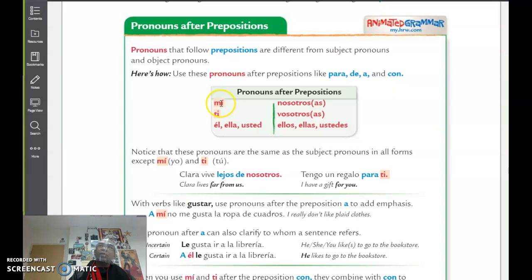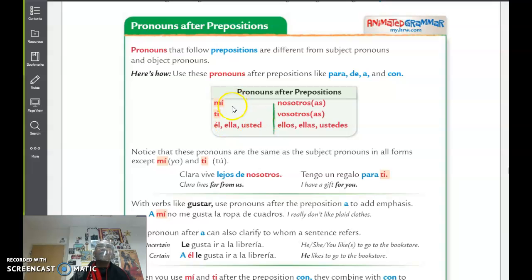So you use the pronouns para mí, for me. Conmigo, with me. Contigo, with you. De ti, of yours. Él will be para él, para ella, de él, de ella.